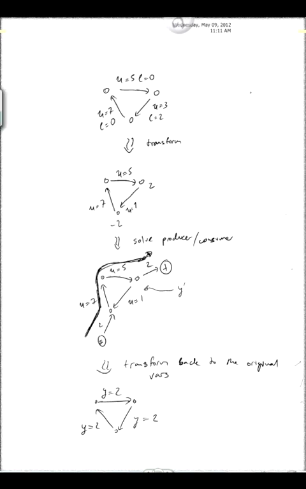By the way, as a quick comment, suppose that I had a graph like this, where the lower bound here is 5, but the upper bound here was 4. If I have something like that, there's no way for me to find a feasible flow to this lower bound problem, because I want to move 5 trucks here, but only 4 are allowed to go on this arc.